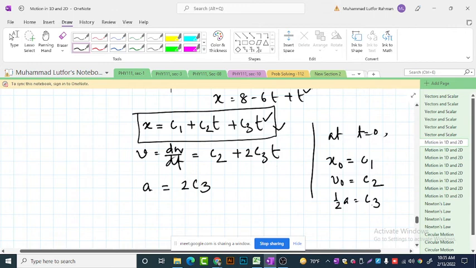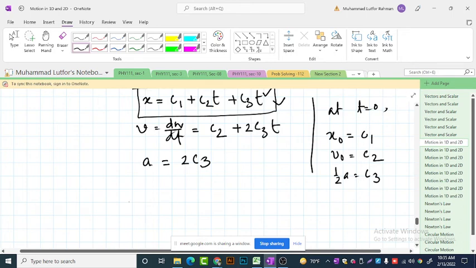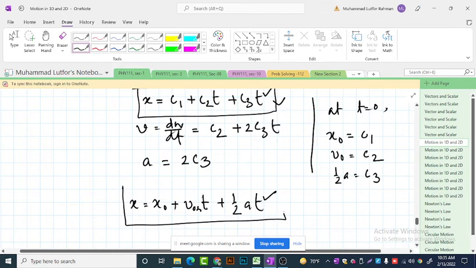Can I write this? Yes, sir. Then I can say this would be my equation, which is x equal to x naught plus v naught t plus half of a t square. I am writing v naught t, there is a reason I am going to tell you. So that is actually the most general equation to find the displacement of a particle.